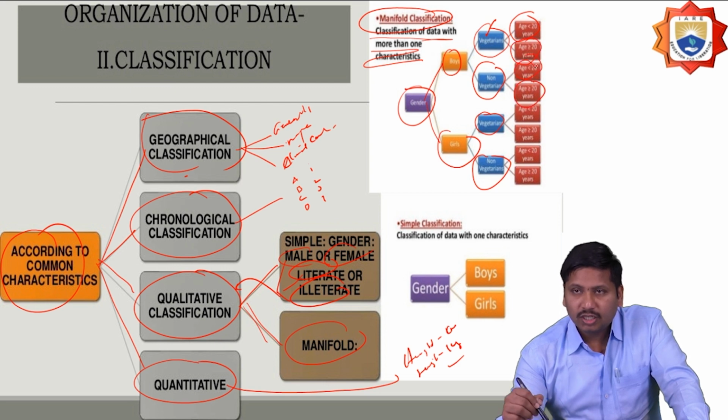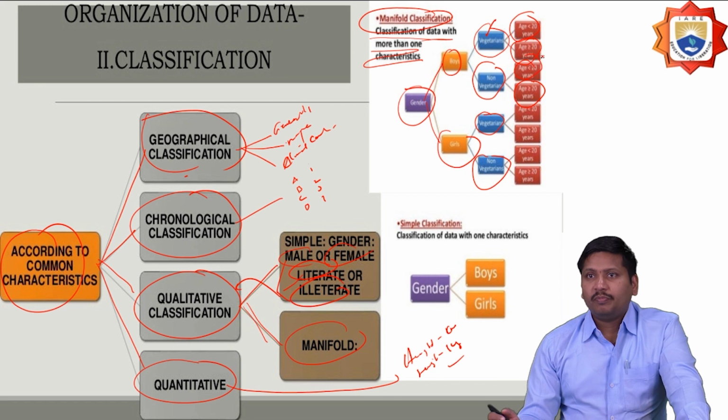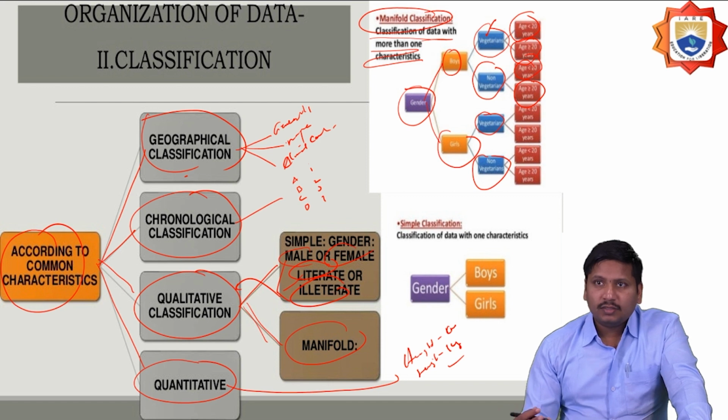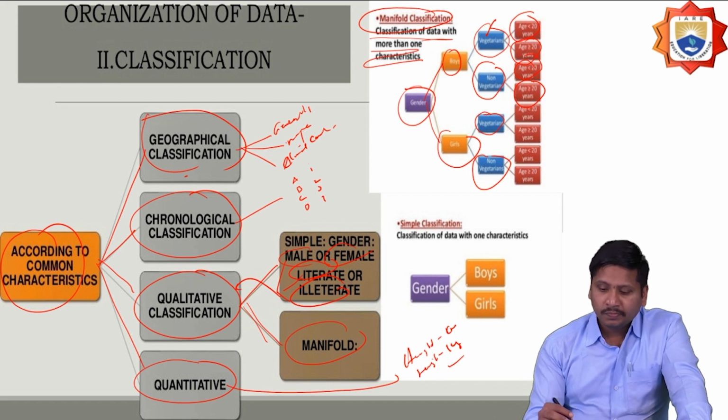Similarly for non-vegetarian, how many boys come under age 20 and greater than 20. This is what we call a manifold classification.